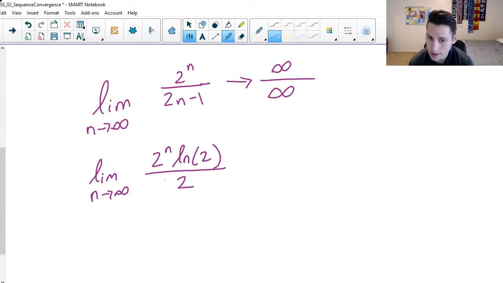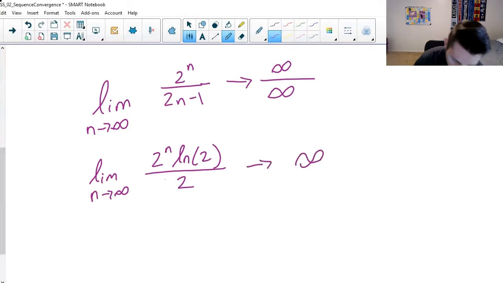So now my denominator is just a constant, 2. But my numerator, 2 to the nth power, this will be just going to infinity. So this is different. If we get just infinity, right, because my denominator is not infinity, my denominator is just staying 2, but my numerator is getting larger and larger.